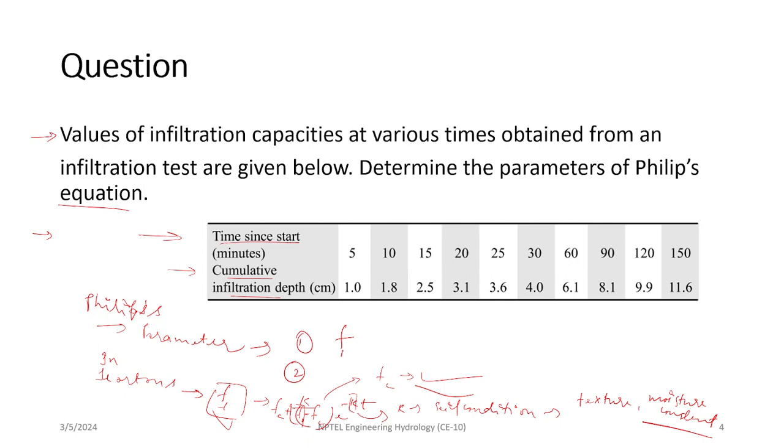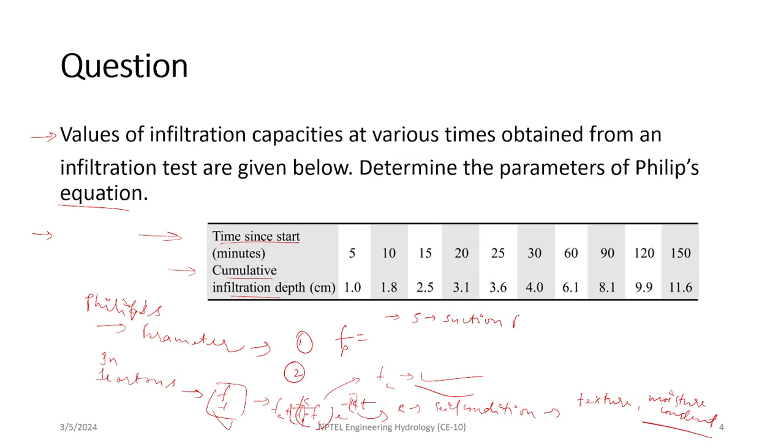So you may know there is a Phillips equation. Definitely there are two major parameters involved. One of them is sorptivity, representing the suction potential of the soil.